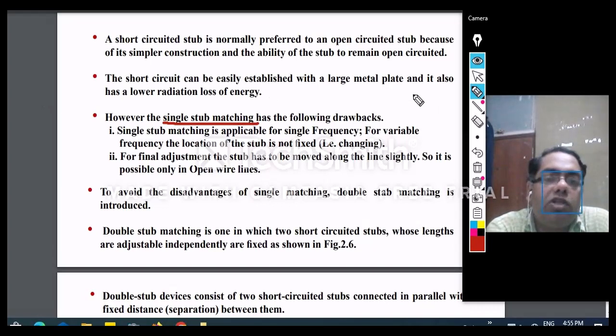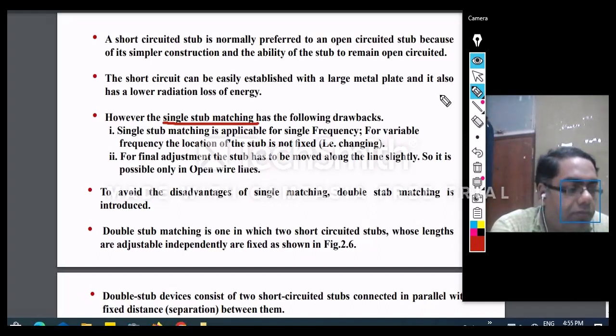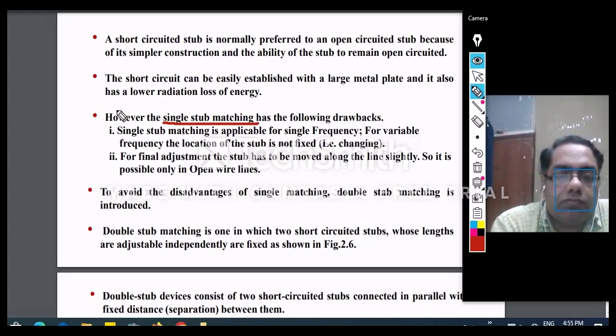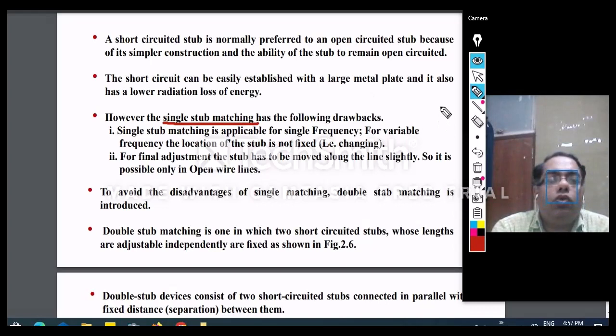That means from the load end, if we see the load, the position of the stub, that is the distance between the stub and the load, is also a parameter.